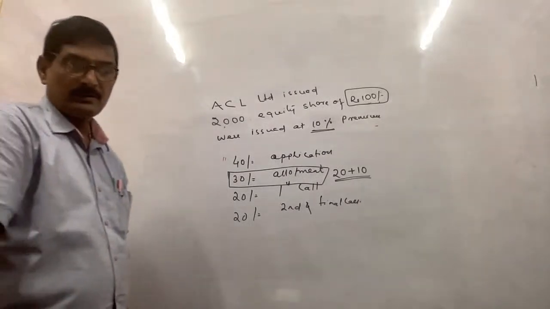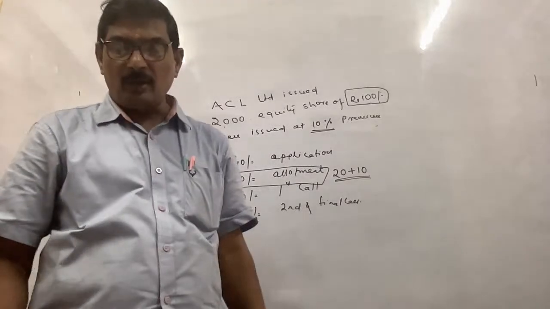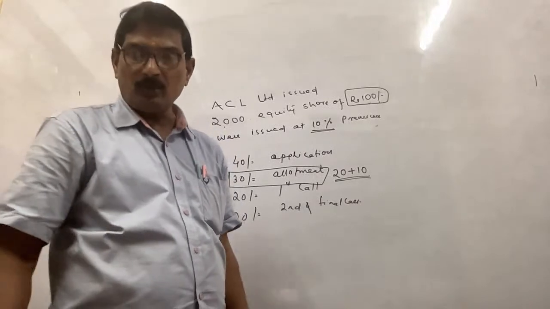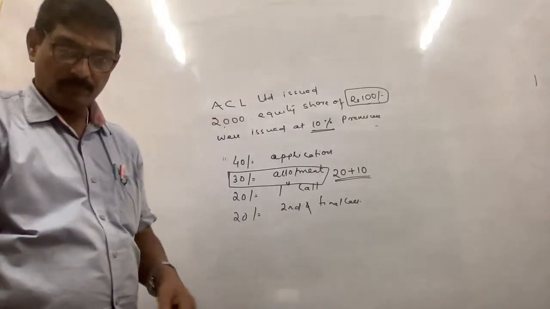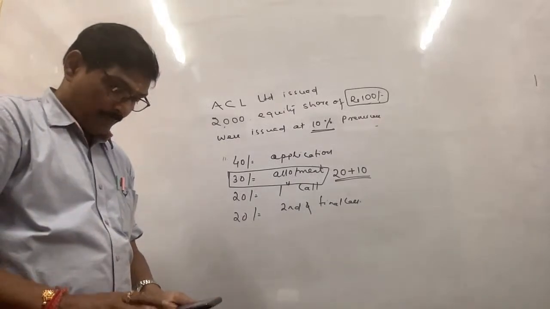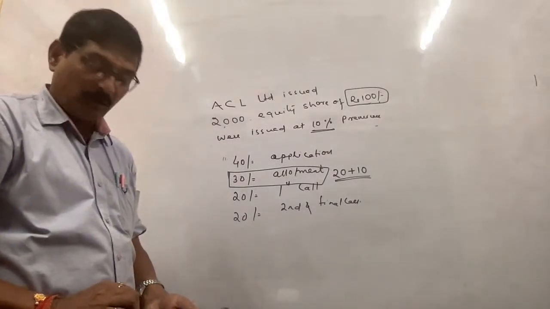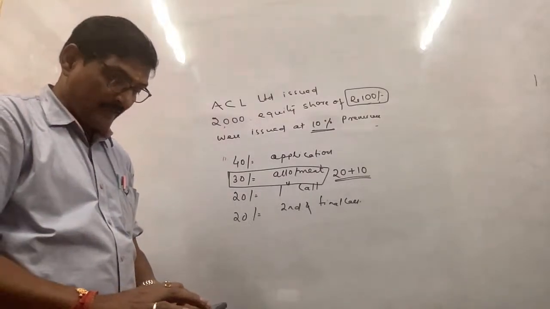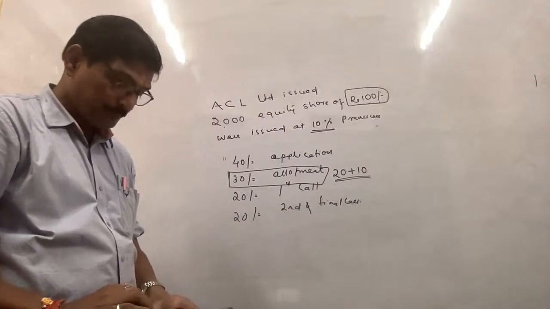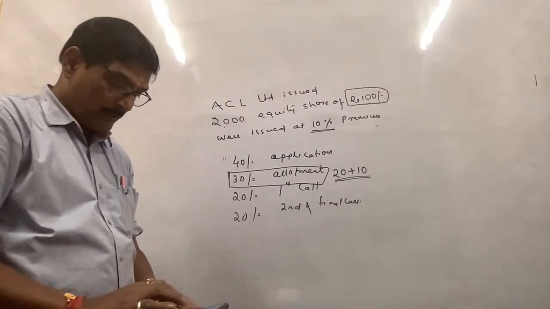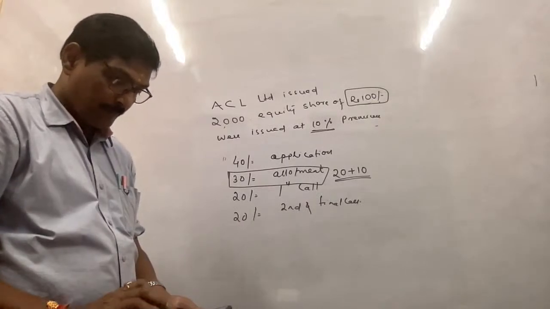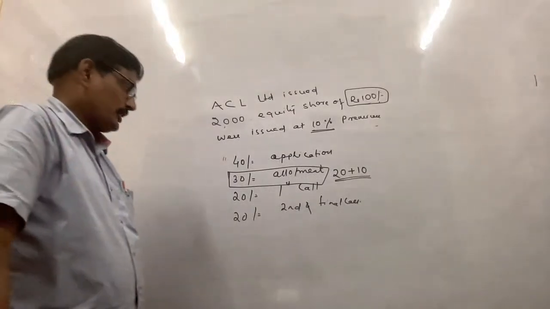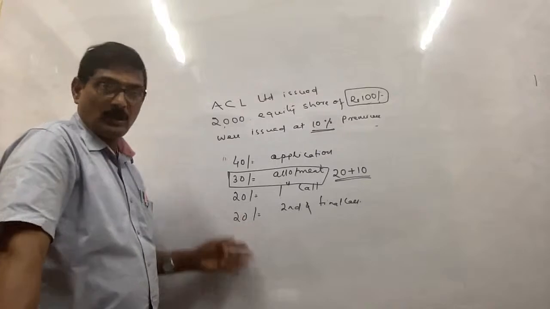Next, for second and final call due, the entry will be share second and final call account debited to share capital, that is 2000 into 20.